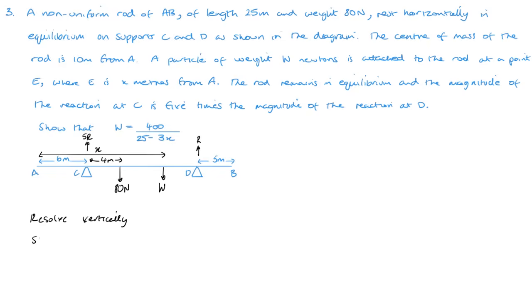So that is 5R plus R equals 80 newtons plus W. So 6R equals 80 plus W. R equals 80 plus W over 6. So that is my R.